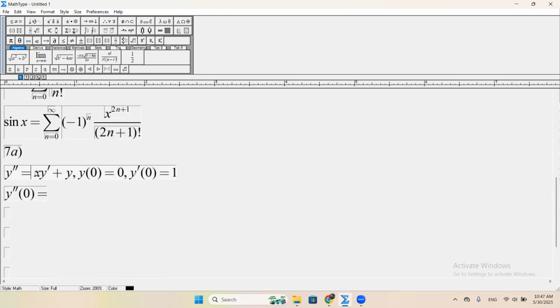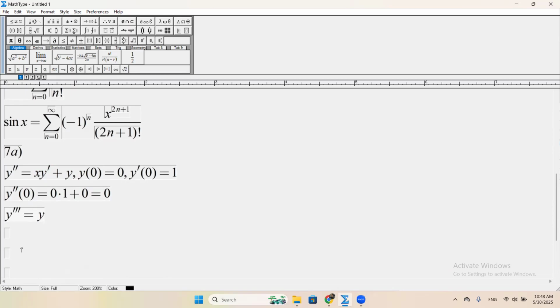So y double prime at point 0 will be equal to the following value. I just substitute values here. So 0 by 1 plus 0, so it equals 0. Then we will find the third derivative. The third derivative is the following, so we just differentiate both parts.